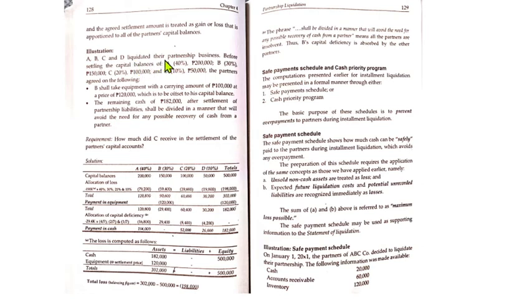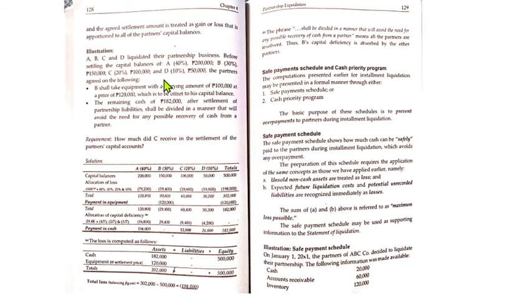So merong partnership ABCD liquidated their partnership business before settling the capital balances. I think this should be read as before settling, comma, bago mag-settle. Before settling, the capital balances of A is 200, B 150, C 100,000, and D 50,000.